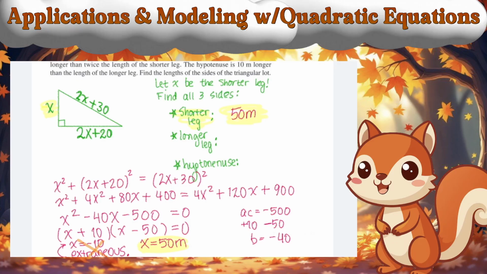Now I want the next side, let's say the longer leg, and that's going to be 2 times whatever x was. x was 50, so 2 times 50 is 100, plus 20, so 120 meters.